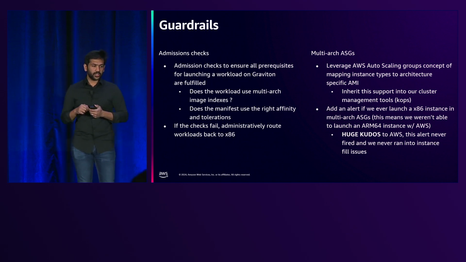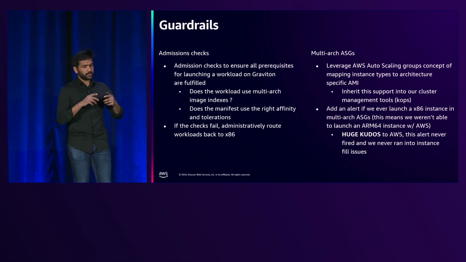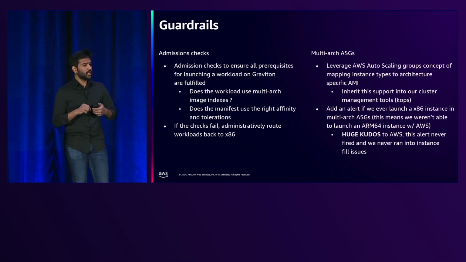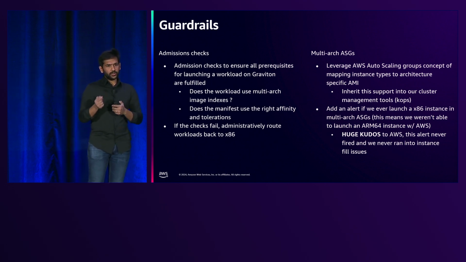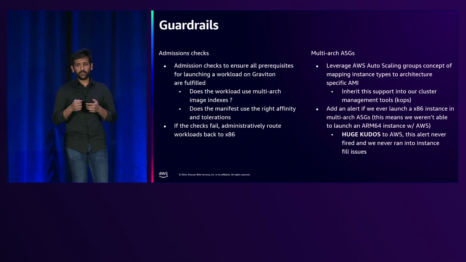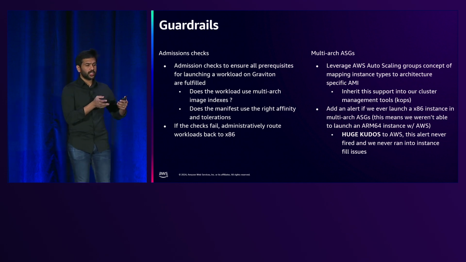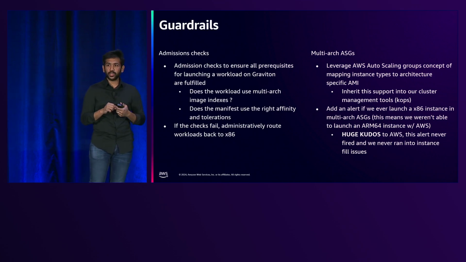And we also wanted to make sure that the application is already releasing the artifacts and using the right affinity to be eligible to be deployed on these Graviton ASGs. If any of the prerequisites failed, we administratively routed them back to x86 so that the application's reliability and uptime is not impacted.